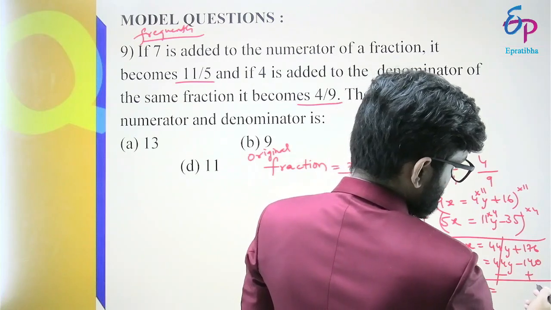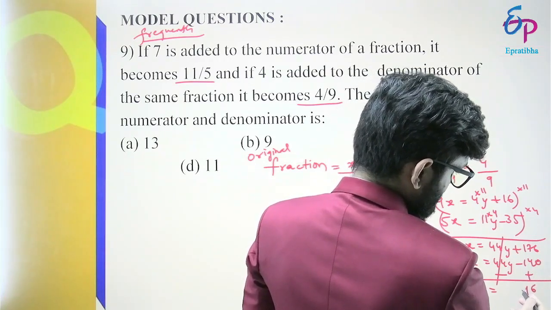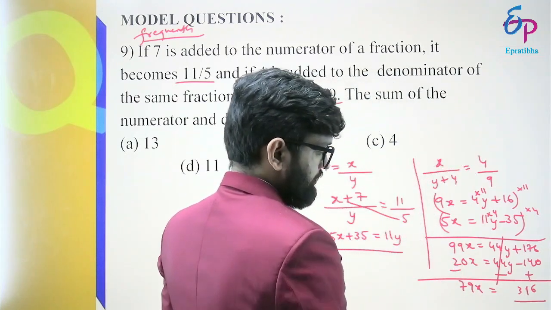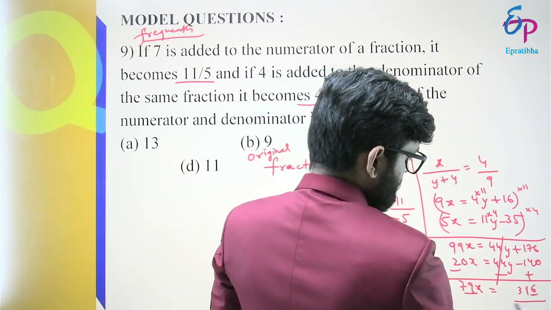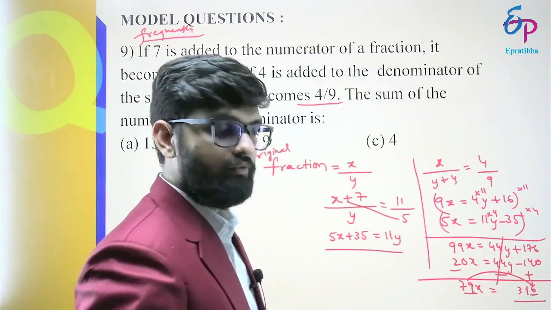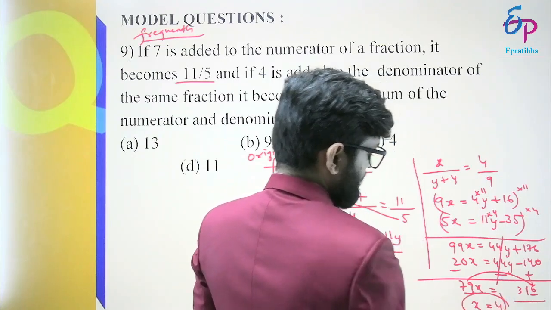how much am I getting? 316. In how many times will it go, in what table? In the 9 table, you have to get unit digit as 6. So x is equal to 4.